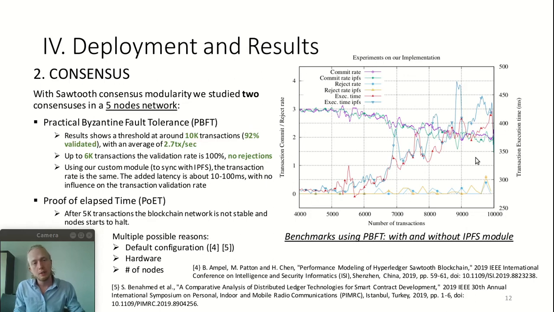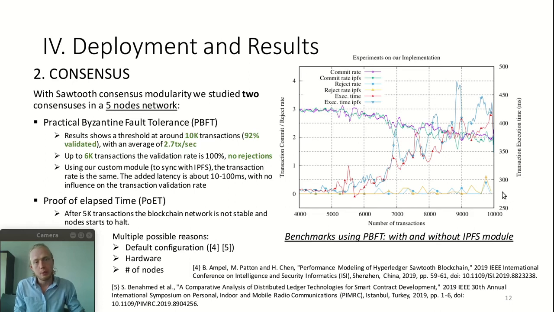This graph shows practical Byzantine fault tolerance with and without the IPFS module in the Hyperledger Sawtooth blockchain. You can see that the commit rate is almost the same with and without the IPFS module, and the reject rate is also almost the same.